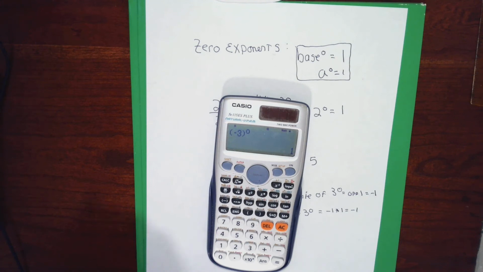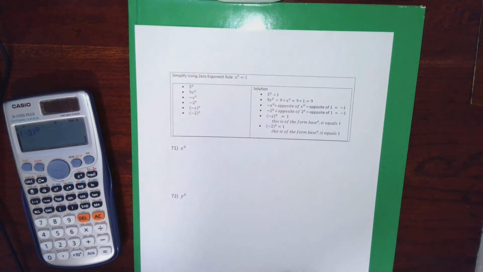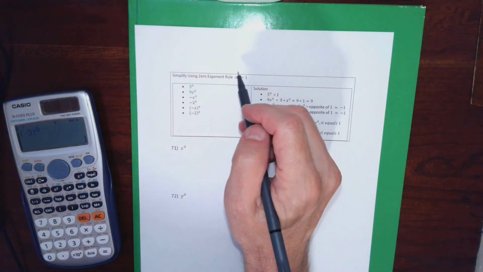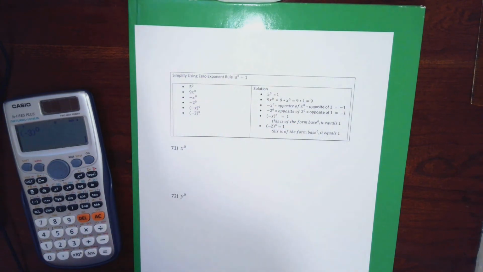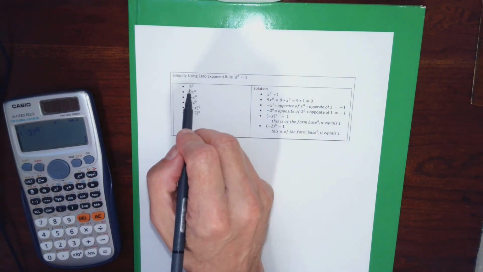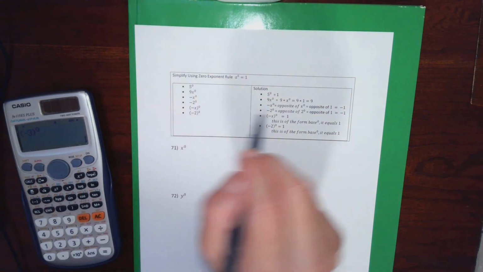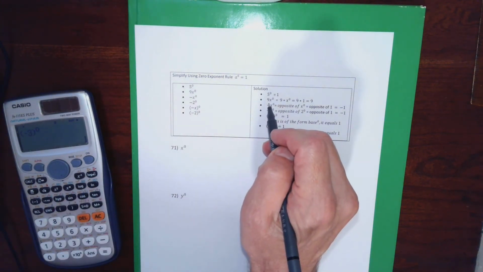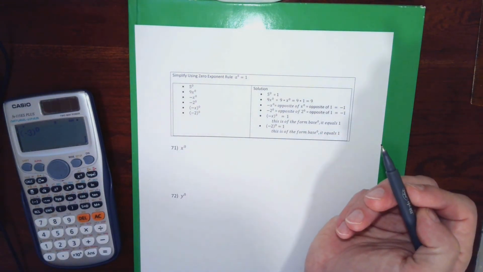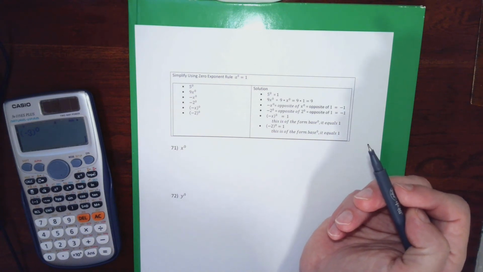I think that's good, but let me look at the sheet that I have written here. Maybe I wrote something brilliant. So the zero exponent rule says base to the 0 power is equal to 1. And if you look at this, 5 to the 0 power, 5 is the base, the exponent is 0, that's equal to 1. 9 times x to the 0 power, the rule applies, but the rule only applies to the base, not to the coefficient.